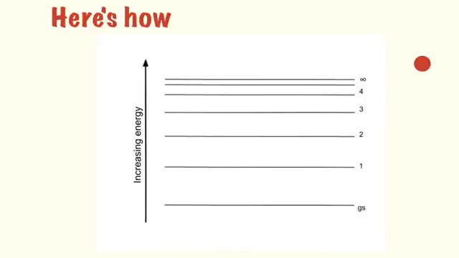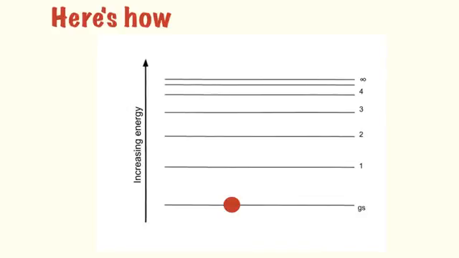Probably the easiest way for us to illustrate this is to have a look at this imaginary electron. So I'll just drag an electron in. And we can see now I've put it at this bottom one called GS. GS stands for ground state, the position the electron would occupy under normal conditions.